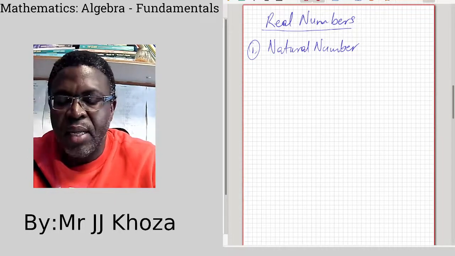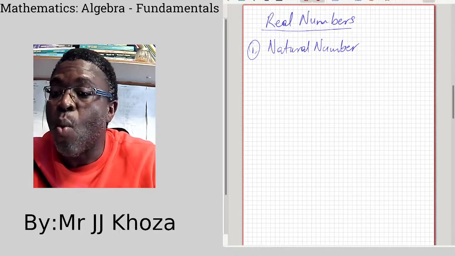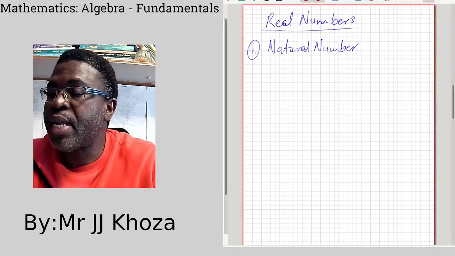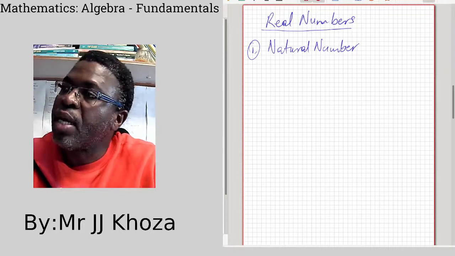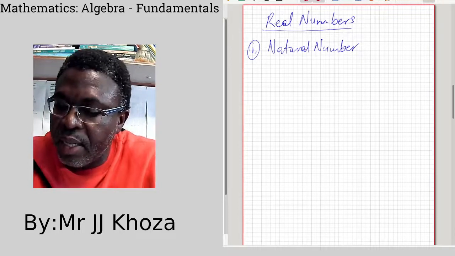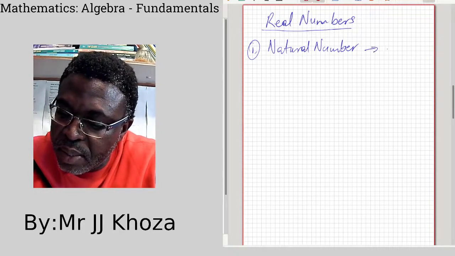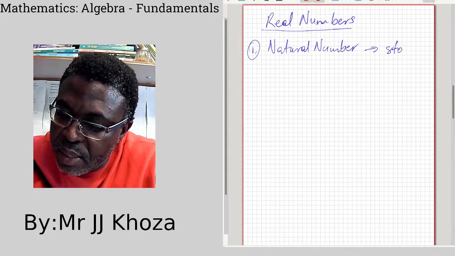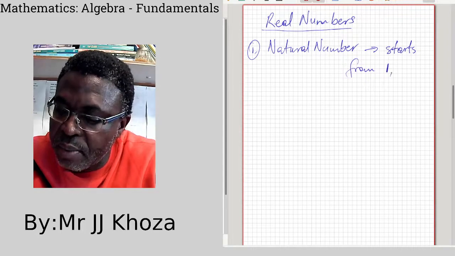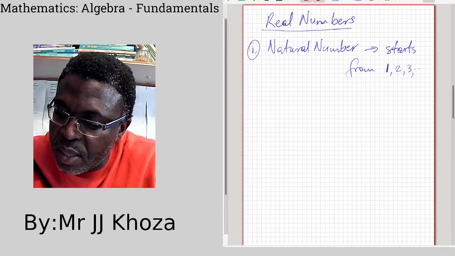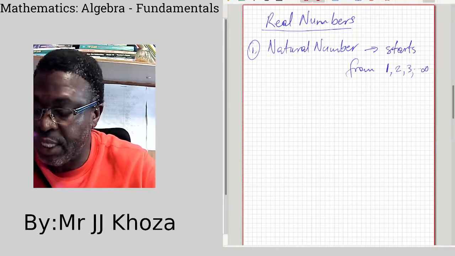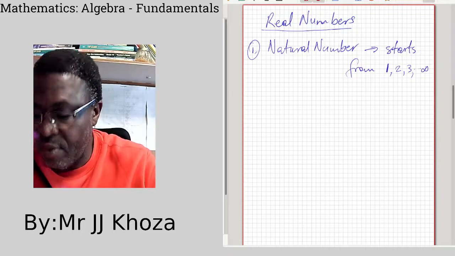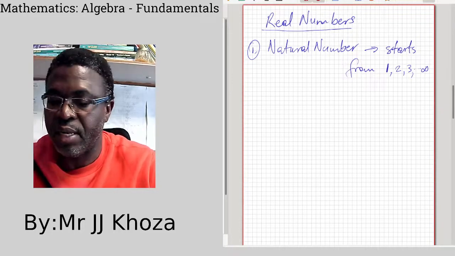It's any number that starts from 1. You start counting 1, 2, 3, up to infinity. By the way, this horizontal 8 is the sign for infinity, meaning never ending.